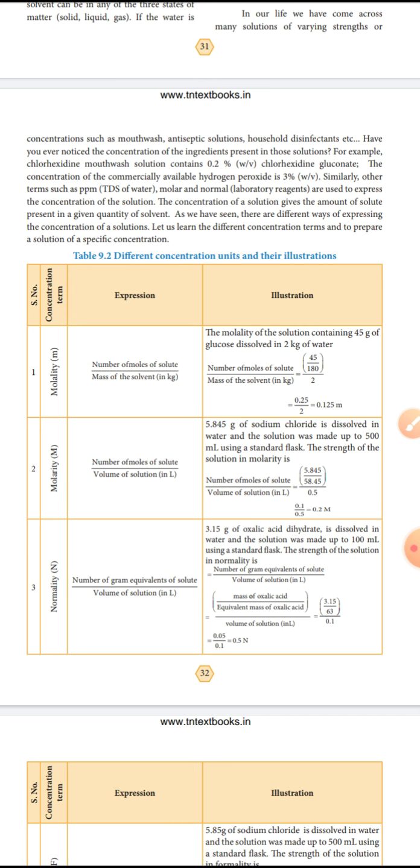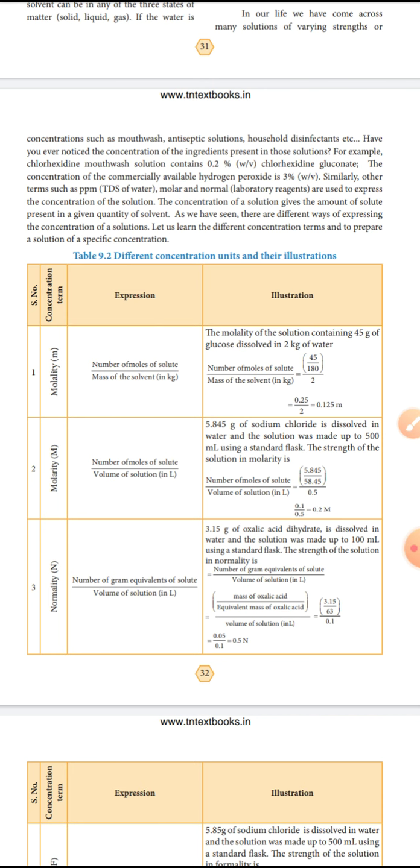So these materials all have different concentrations. The concentration of a solution gives the amount of solute present in a given quantity of solvent. Now we will study different concentration units and their illustration.